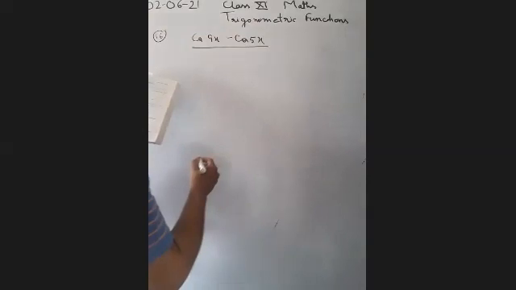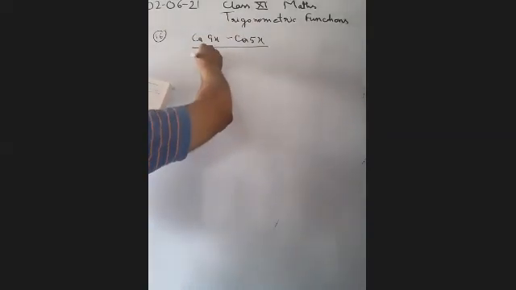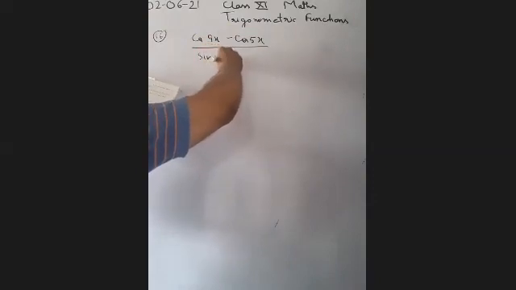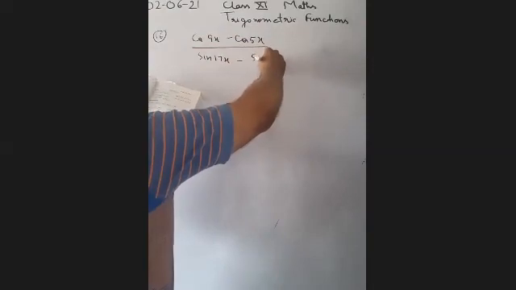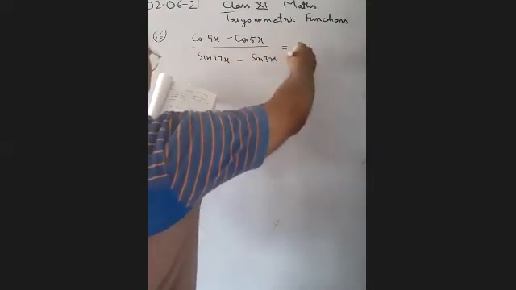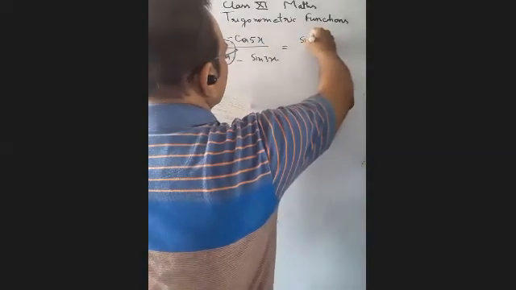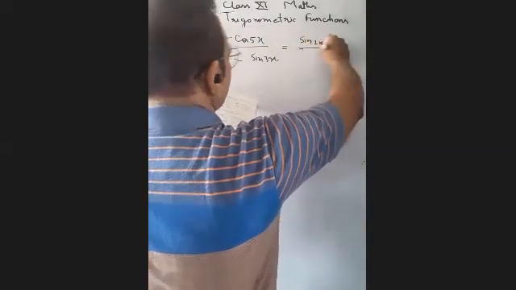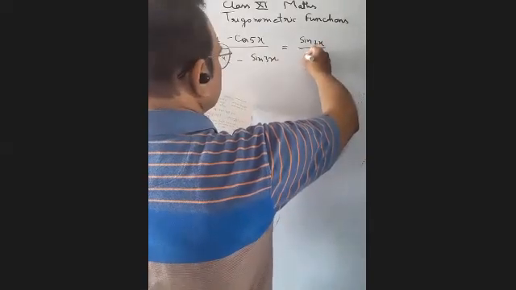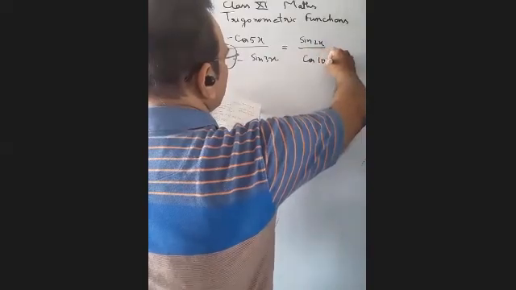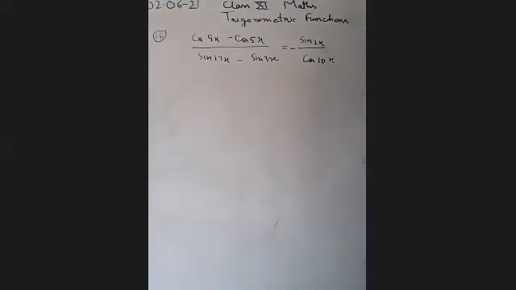Cos 9x minus cos 5x over sin 17x minus sin 3x equal to minus sin 2x upon cos 10x. This we have to prove.